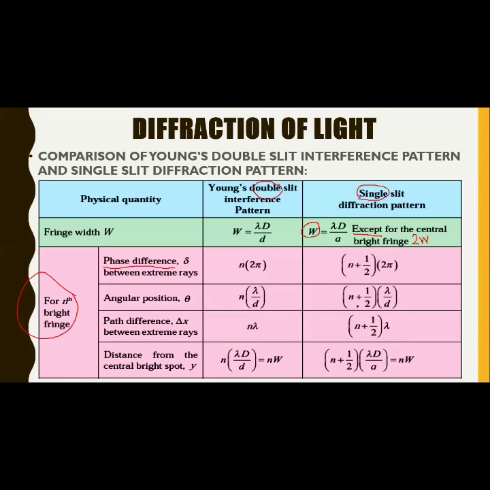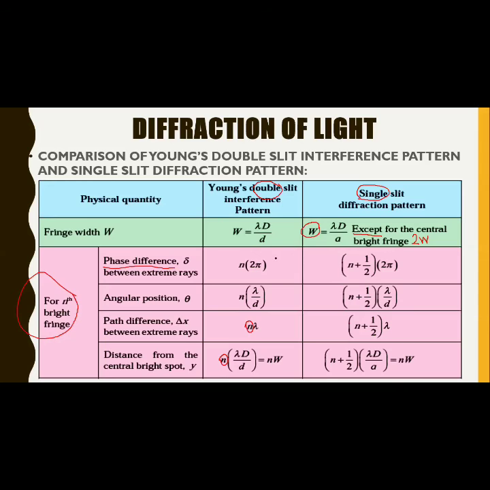Continuing on, once again we will repeat the part. For the nth bright fringe, this is all the analysis, all the formulae we have for the nth bright fringe. Notice that if you have n in case of interference pattern, you substitute that n with n plus half, you will get the formula for the diffraction pattern.